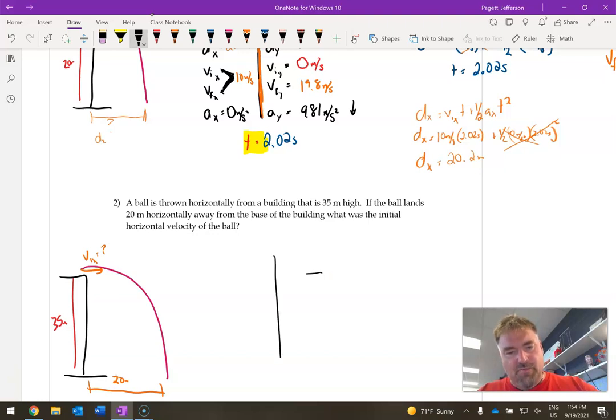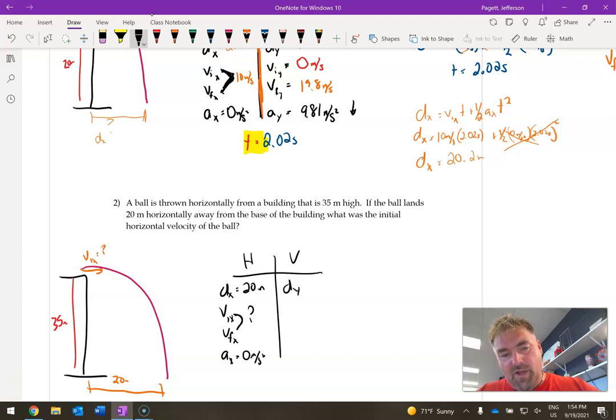So make my chart. I've got my horizontal side, my vertical side. dx, this time I know it. It's 20 meters. VIX and VFX, those are the same thing, but I don't know what they are yet. This is my question mark. My AX is going to be 0 meters per second squared because we're ignoring air friction. My DY, that's 35 meters.